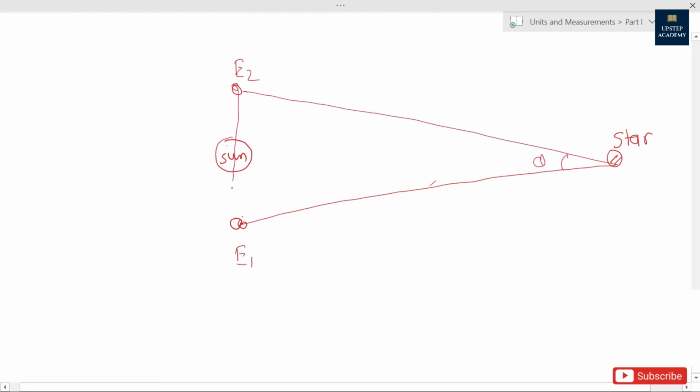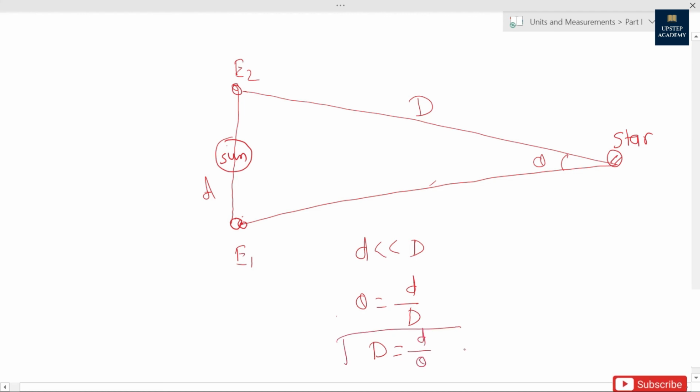This distance we can take as small d, this distance we can take as capital D, and again as d is very much smaller than D, we can apply the formula theta is equal to d upon D, and D, the distance between Earth and star, is equal to d upon theta. So in this way we can measure this huge distance between Earth and star.